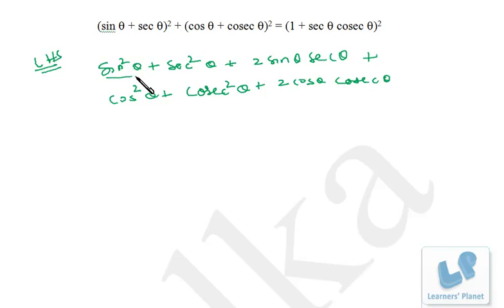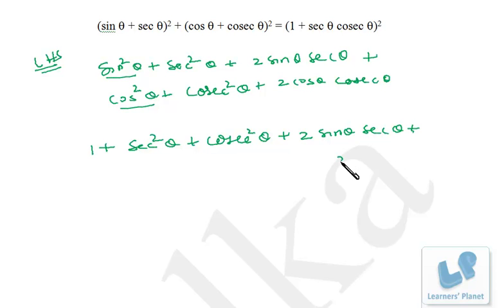Now sin square theta plus cos square theta is 1, that we already know. So the identity becomes 1 plus sec square theta plus cosec square theta plus 2 sin theta sec theta plus 2 cos theta cosec theta.